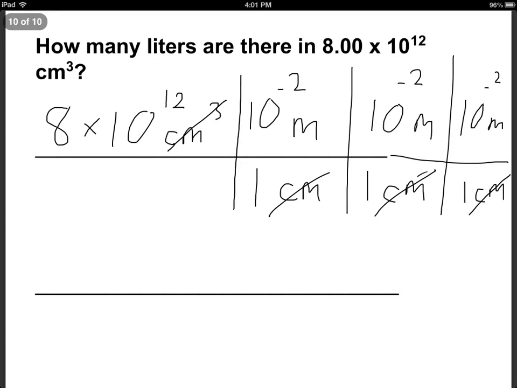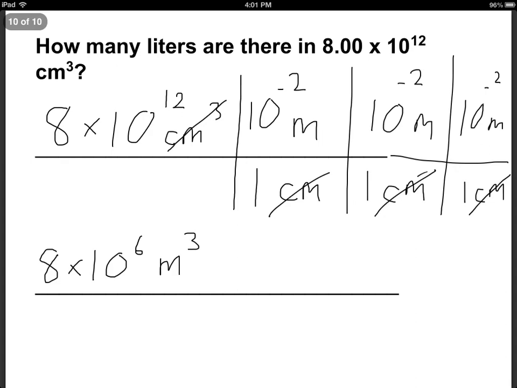And again, thanks to scientific notation, that means that we now have 8 times 10 to the, let's see, we've got -2, -4, -6, but positive 12, so we've got positive 6, so times 10 to the 6 meters cubed.